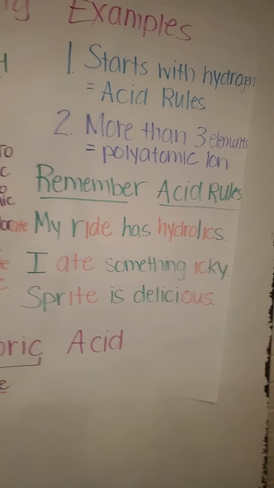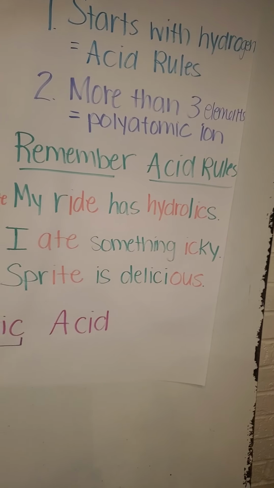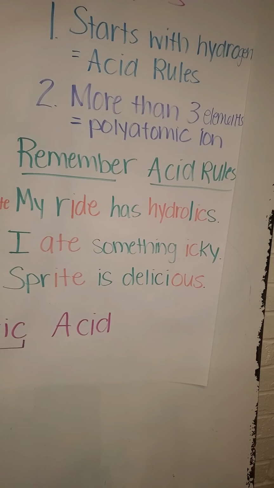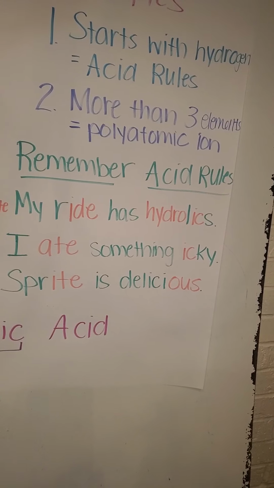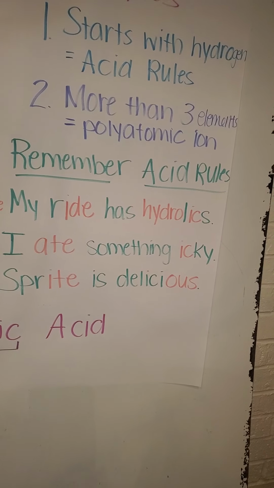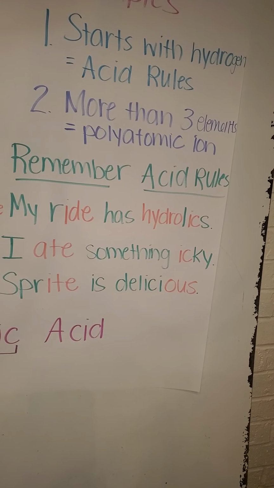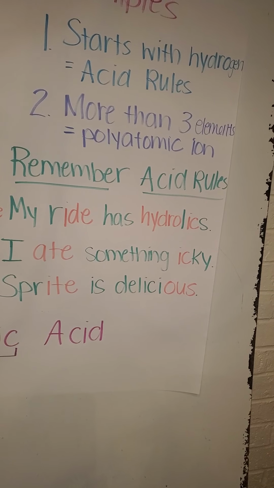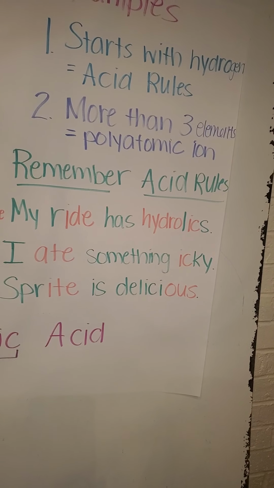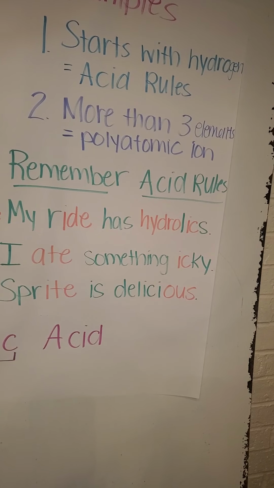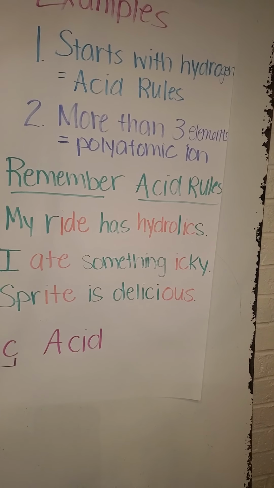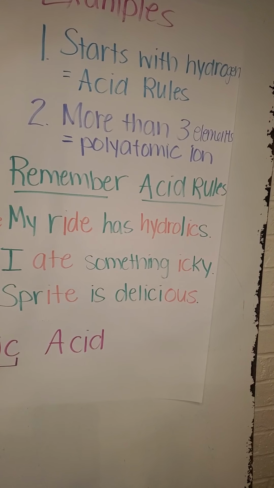And here's how we remember our acid rules. Okay, so my ride has hydraulics. So if your second element is not a polyatomic, it's going to end in IDE. We know that we will need to change the way we're writing it.